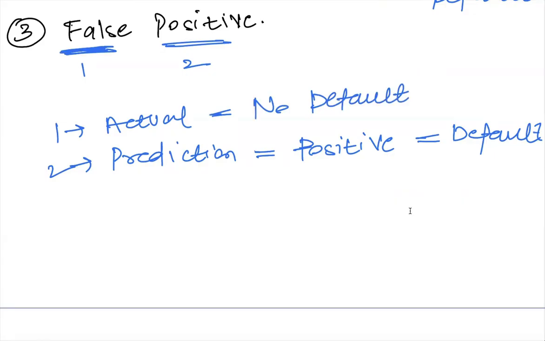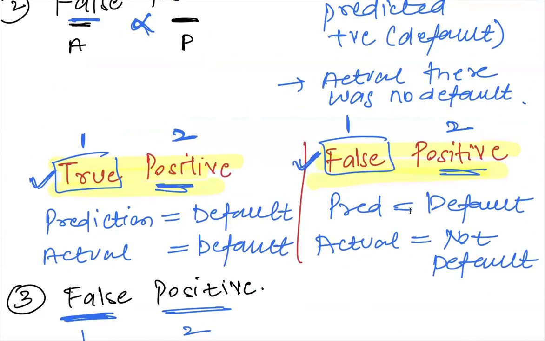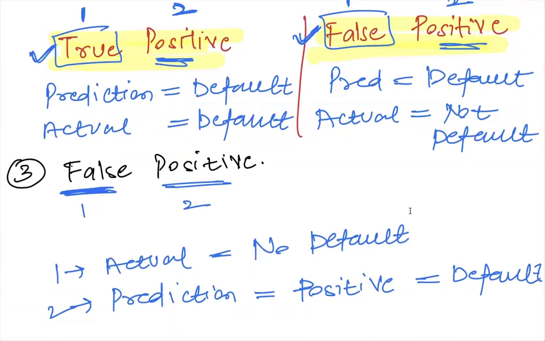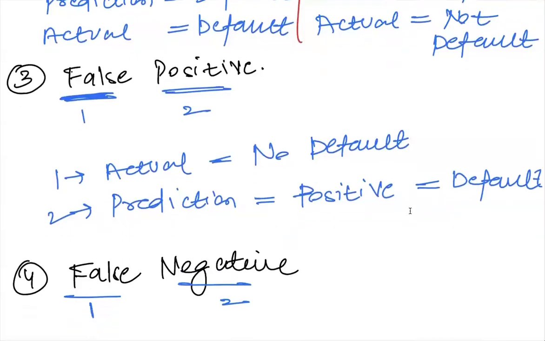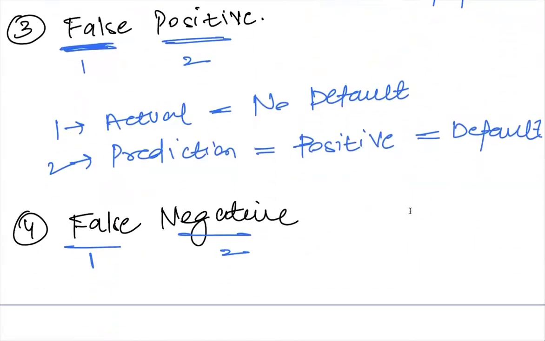And when I write false negative, always remember the first term means your actual, the second term means your prediction. We have already covered true positive and false positive. Then it is true negative and false negative.